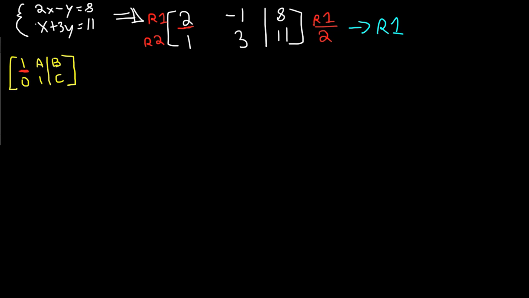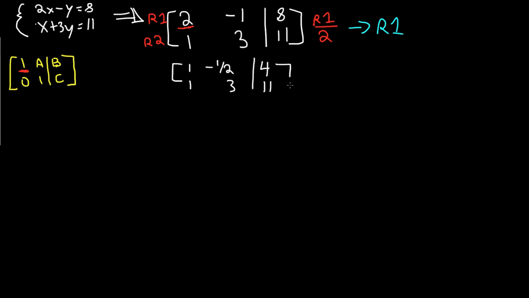So our new matrix, if you divide everything by 2: 2 divided by 2 is 1, -1 divided by 2 is -1/2, and 8 divided by 2 is 4. And bring the next row down. It's unaffected, so we simply bring it down.